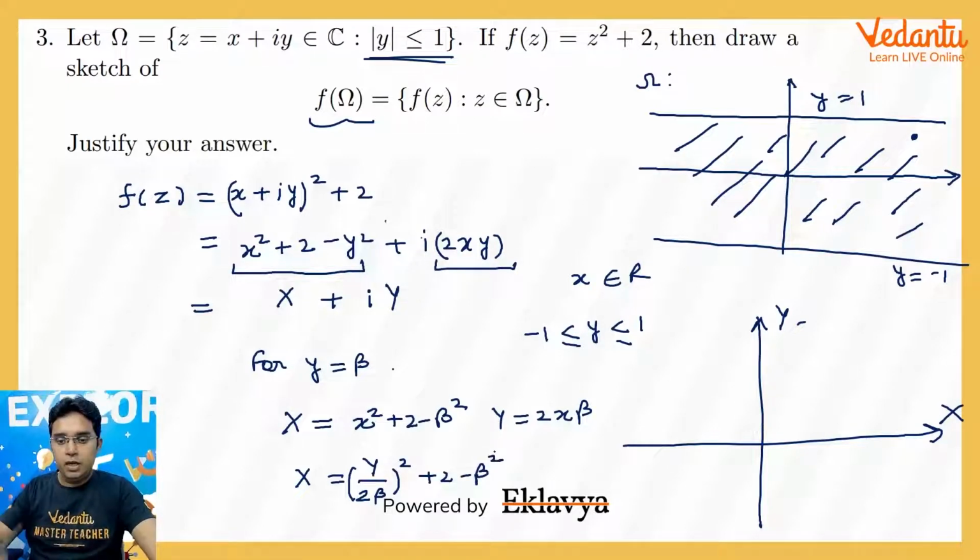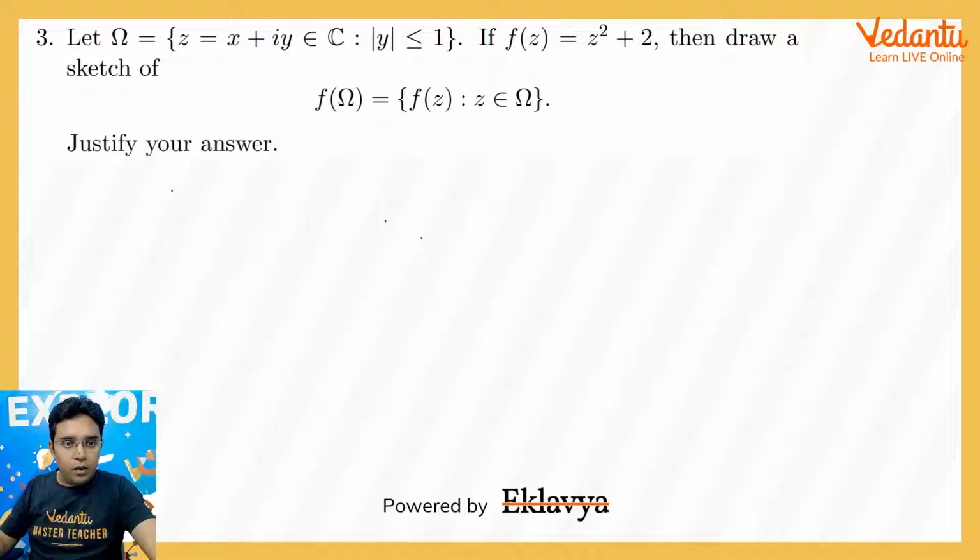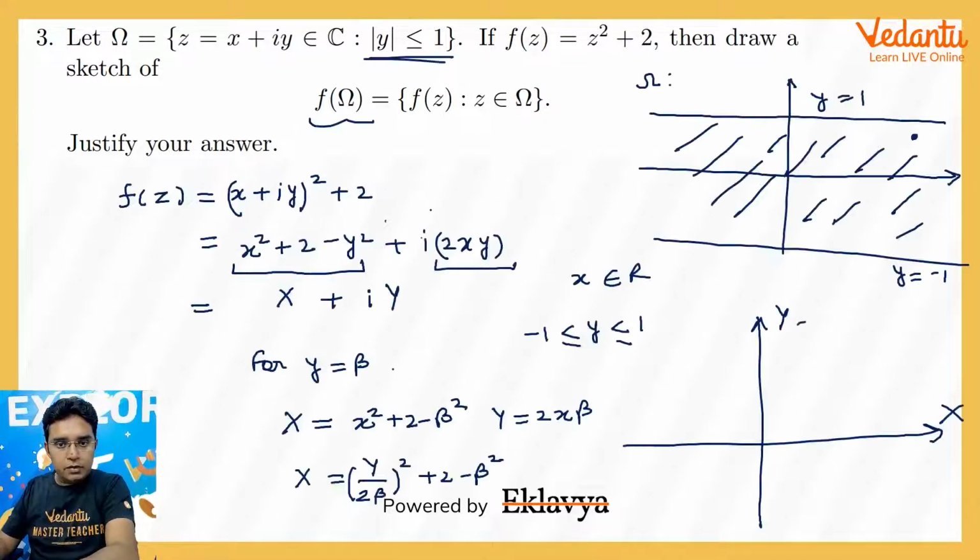Let me take this to the next slide. What I got is capital X equal to capital Y square upon 4 beta square plus 2 minus beta square. I think that is what we have got.